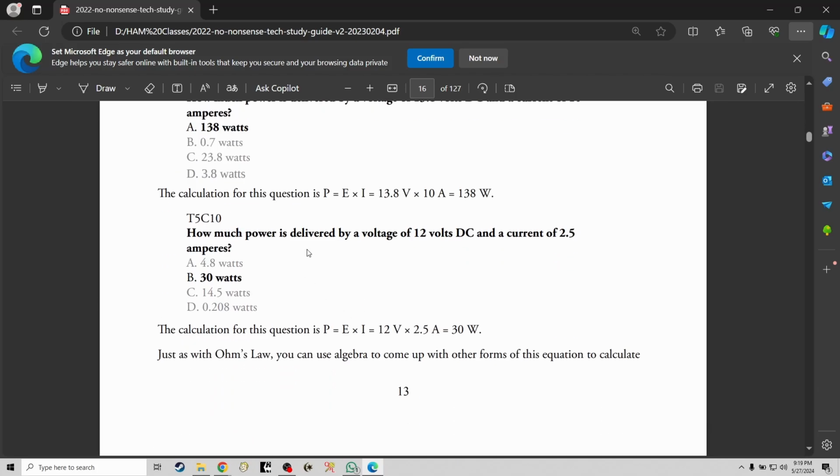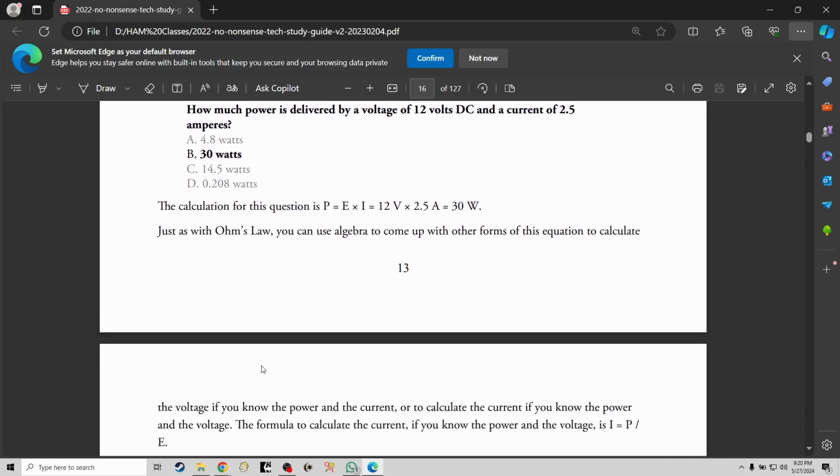All right, how much power is delivered by a voltage of 12 volts DC and a current of 2.5 amperes, 2.5 amps? So you would take your 12 volts, times it by 2.5, and you would get 30 watts. 30 watts. All right.